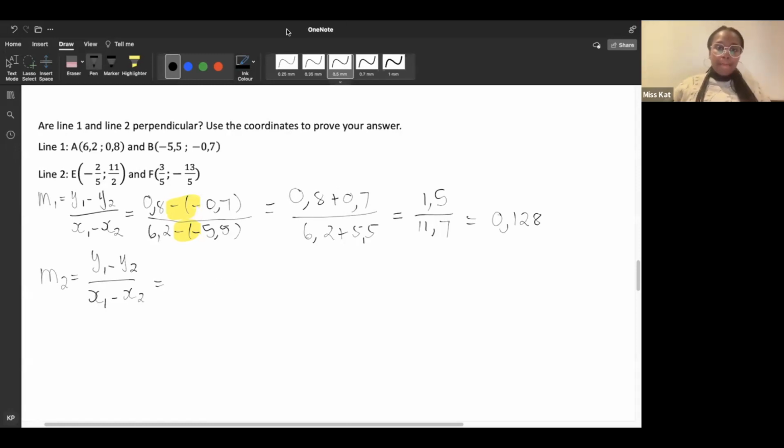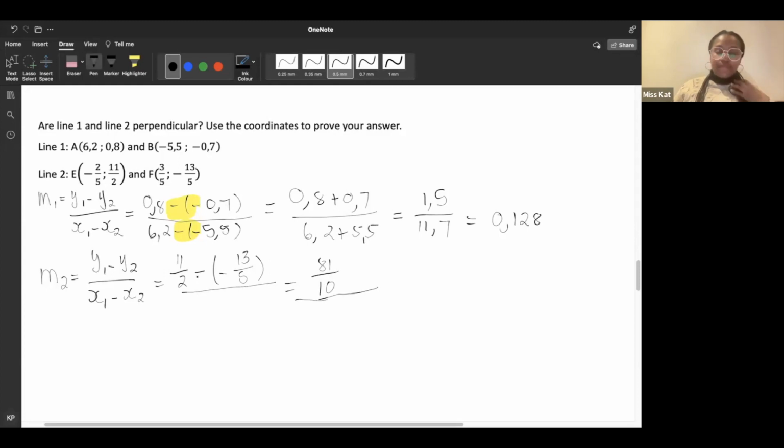So we're going to say 11 over 2 minus, open brackets negative 13 over 5, which gives us 81 over 10.